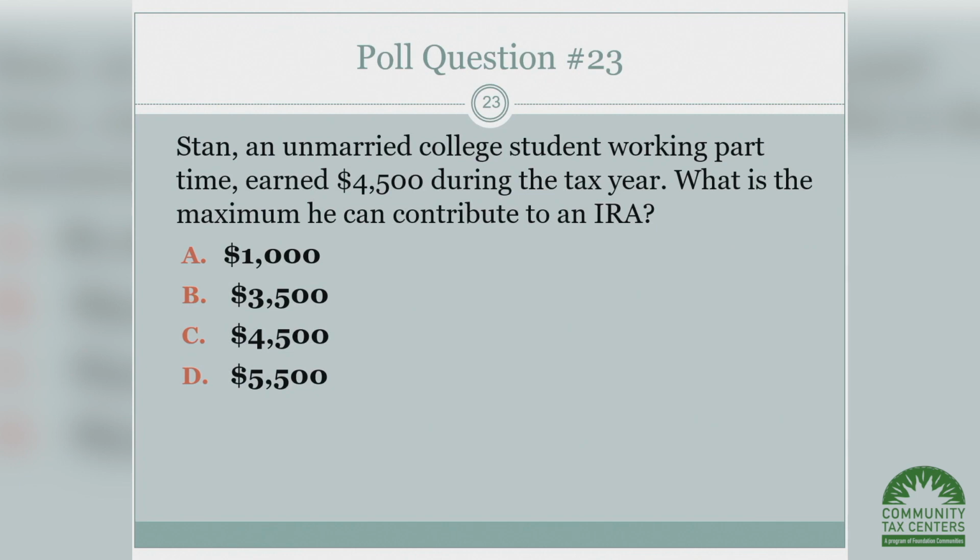So it can't put in any money from last year? No. Each year stands on its own. But what if he made 4,500 this year, but he had 5,000 in the bank, can you only contribute up to 100% of your compensation? Yes. If you have more in the bank, you can't.